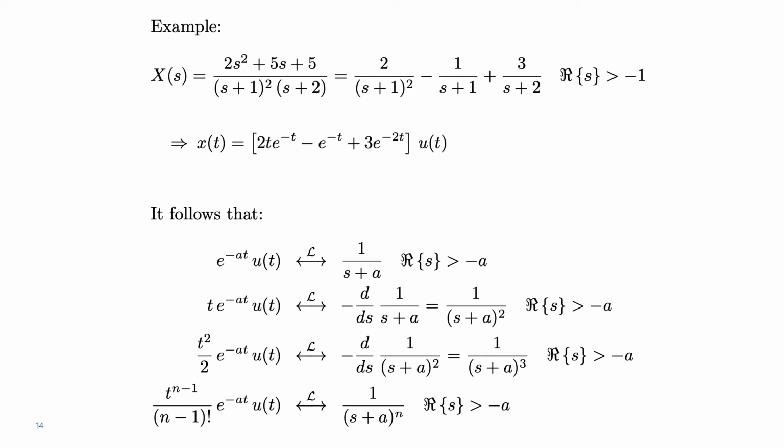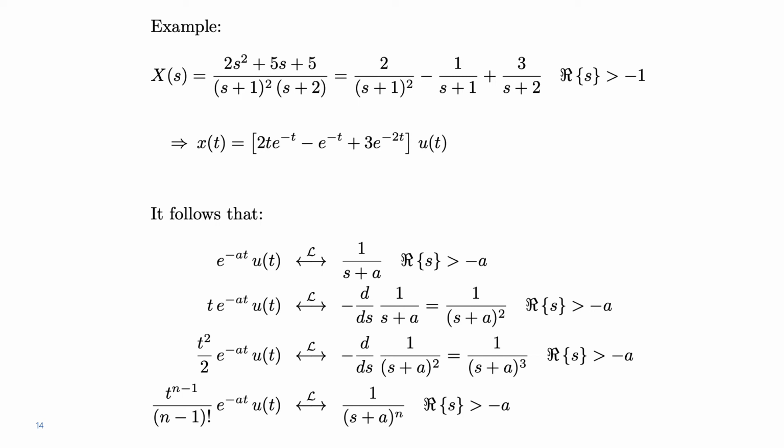So here we have an example of what I just said. Let's look at the top of the slide. We have X(s), for example, given by 2s squared plus 5s plus 5 over (s plus 1) squared times (s plus 2). If we want to anti-transform such fractional polynomials, we use partial fraction expansions first.